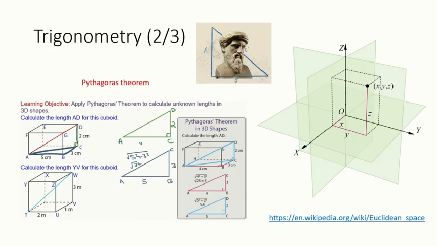That gives you the length of A to D, and then you can put everything together. You can have 3, 4, 2, and take the square root of 2 squared plus 3 squared plus 4 squared in order to calculate the distance between A and D. Draw that again.